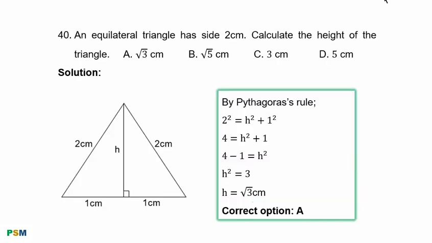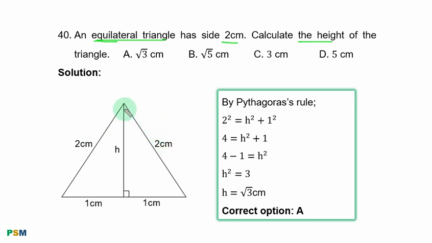Question 40. An equilateral triangle has side 2 cm. Calculate the height of the triangle. In the given triangle, all the sides are equal, so 2 cm respectively.